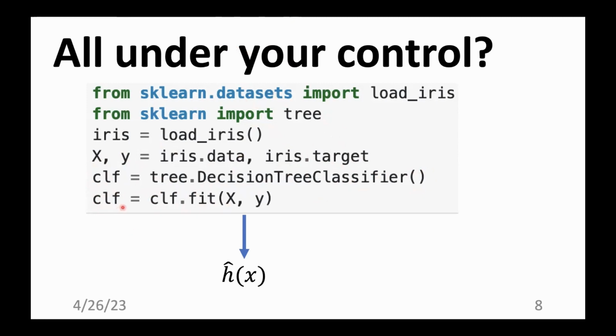So the clf is a hypothesis, in our terminology. And this hypothesis is learned by something like empirical risk minimization, minimizing the training error on data points whose features are in X and whose labels are in y. Sounds easy, straightforward. But how do you know that this is exactly the solution of empirical risk minimization? And do you think that it will be a solution to an empirical risk minimization problem, the hypothesis or the classifier that you get out of this .fit function?